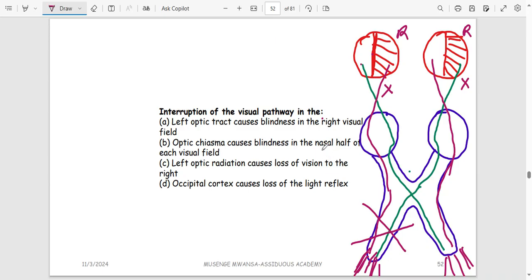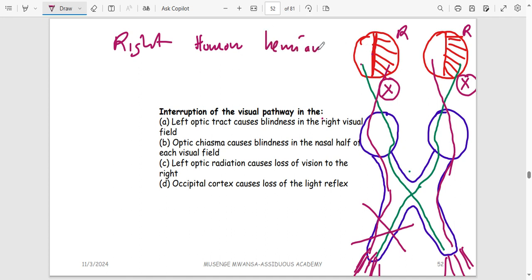Yeah, yeah. We can see these guys are both on the right, so that is the same, so that is going to be homonymous. And because they are both on the right side, that is going to be right homonymous, and it is a hemianopia.